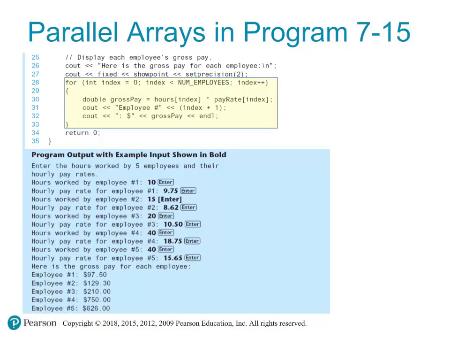Inside the loop, we calculate gross pay for each employee by multiplying the hours worked, hours[index], with their pay rate, payRate[index]. The gross pay is then displayed alongside the employee number.